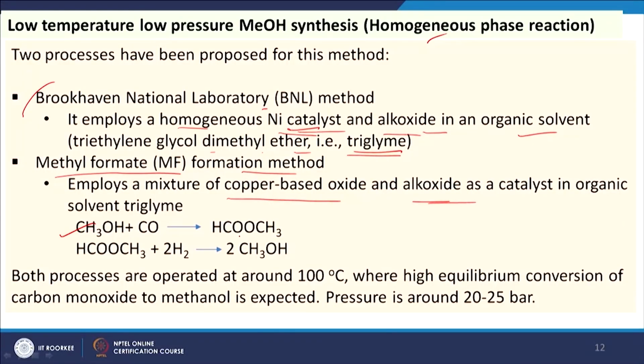The basic reaction has been reported as CH3OH plus CO giving HCOOCH3, particularly for the methyl formate process. So, I am getting methyl formate, and then methyl formate is further converted to methanol.